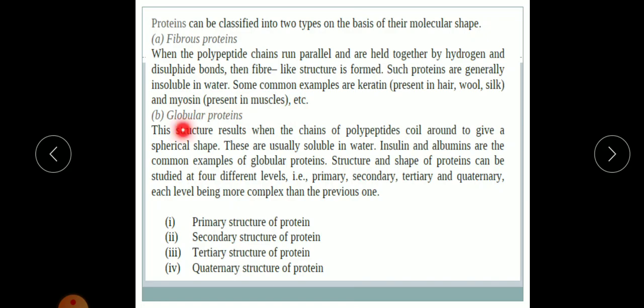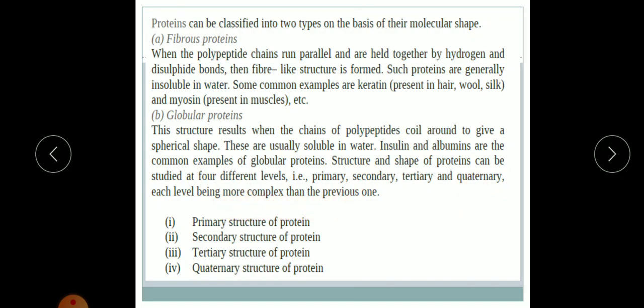Next, globular proteins. This structure results when the chains of polypeptides coil around to give a spherical shape. These are usually soluble in water. Insulin and albumins are the common examples of globular proteins. Structure and shape of protein can be studied at 4 different levels: primary, secondary, tertiary and quaternary, each level being more complex than the previous one.